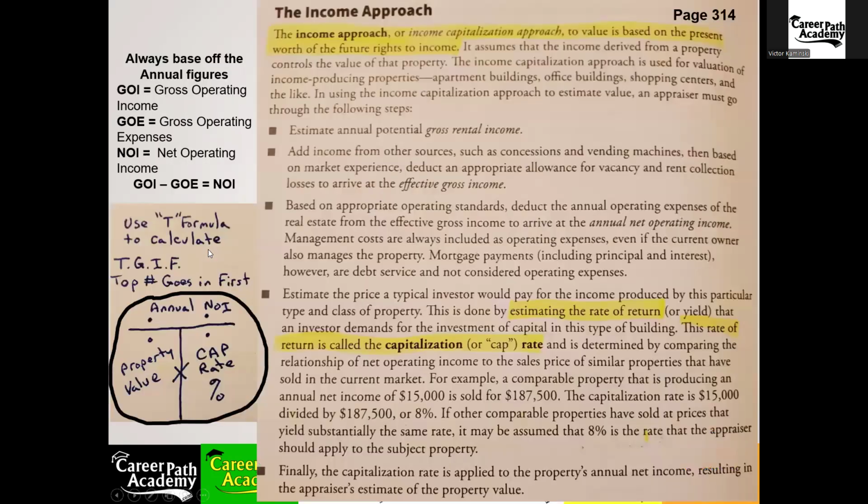Okay. So here we can highlight the income approach. Write down this formula on the side in the margin of the page. This is your T formula that's used to determine cap rates. And in order to calculate a cap rate, you'll need to know the GOI, that's the gross operating income, and the gross operating expenses to figure out the net operating income.